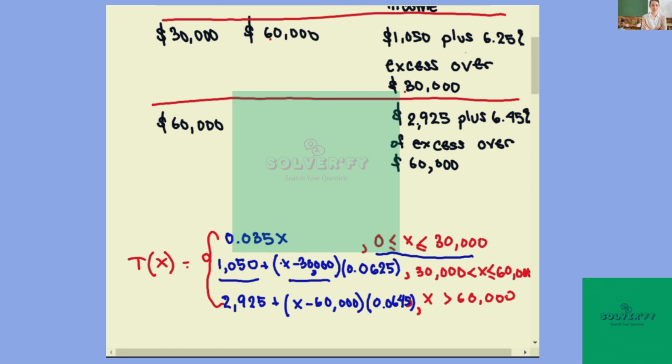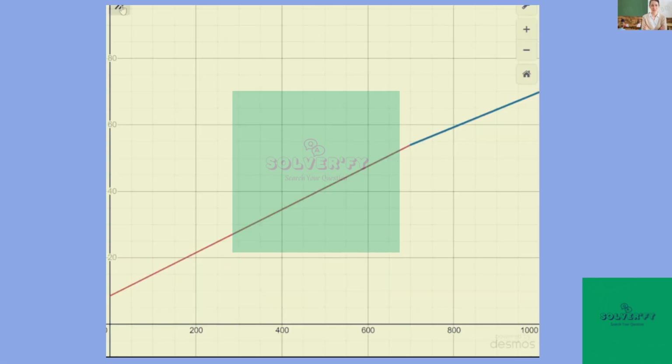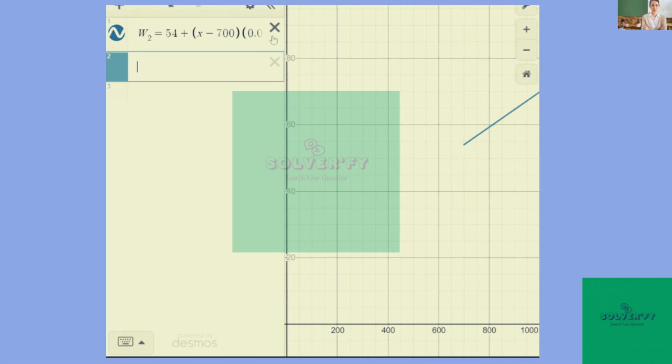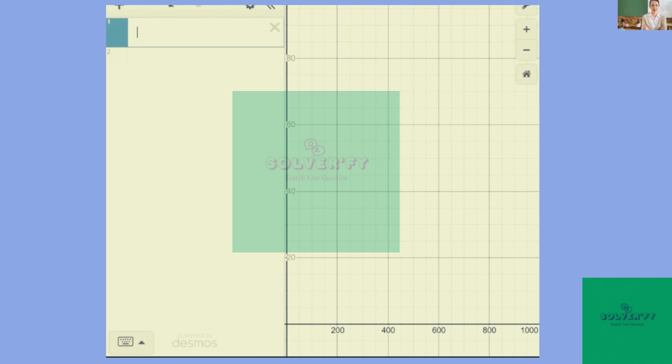The next part is we're going to be graphing this. To graph this one, we're going to go to our graphing calculator. Clear this too. We're going to call the function tax, but this would be the first part, so we're going to call it tax1, the first part of the piece.